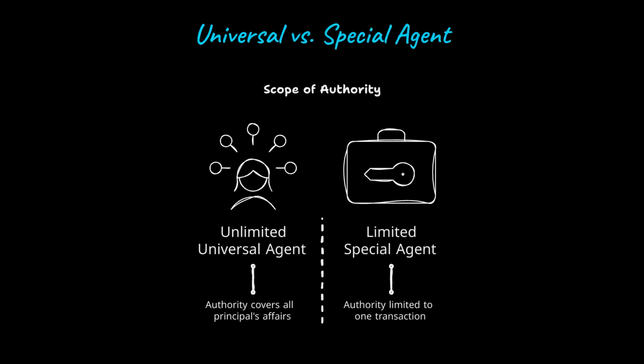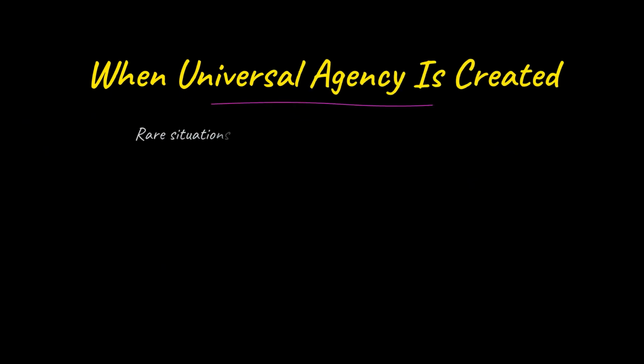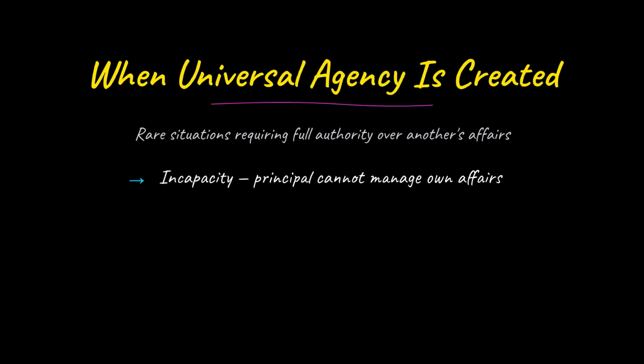authority. A guardian appointed by a court to manage all of a ward's affairs, selling property, paying bills, handling investments, is the clearest real-world example of a universal agent. Universal agency arises only when someone genuinely needs another person to handle the full sweep of their affairs.